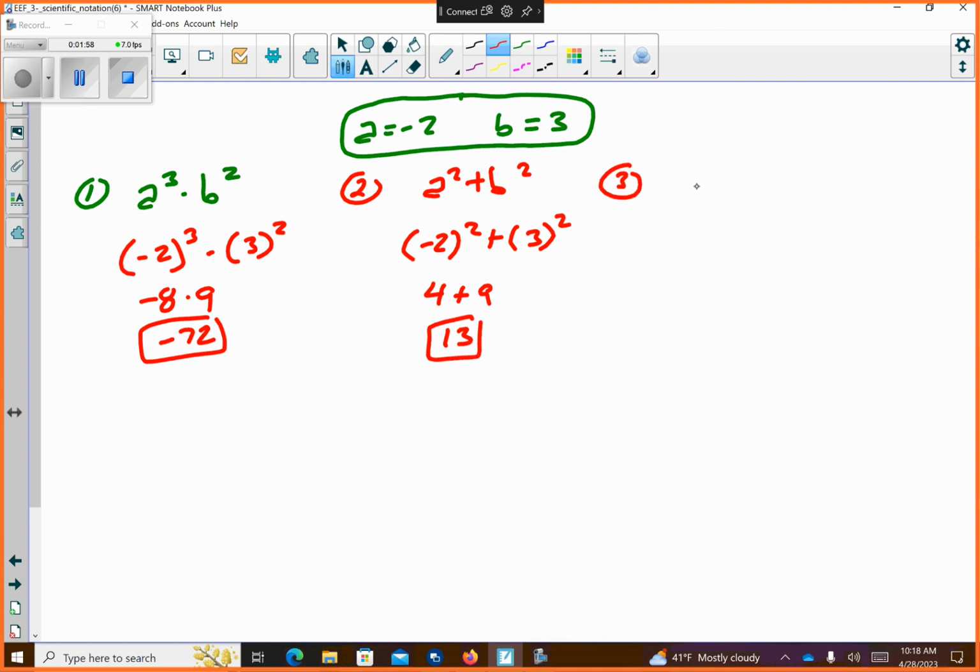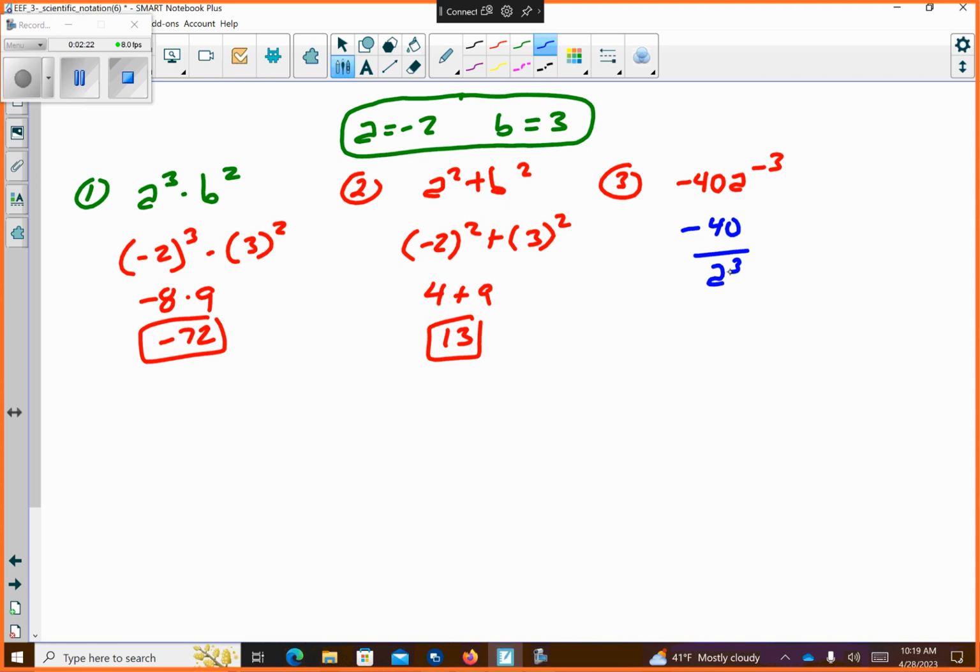Problem number 3, I get -40A to the -3. So before you plug something in, take care of that negative exponent. Notice the -40 stayed negative. The -40 is not an exponent that's negative.